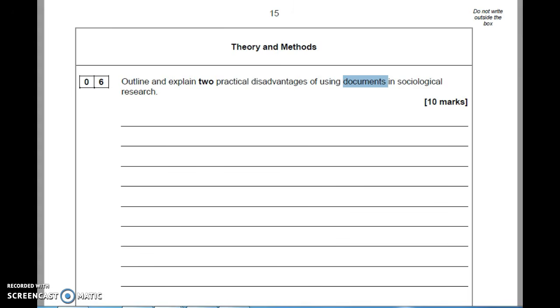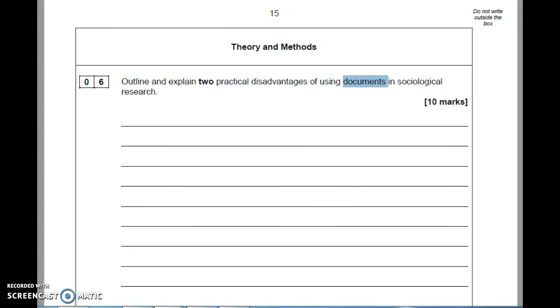And also, linking onto that time consuming, going deeper into it, you could say, even if you did get access to the document that could have been in a private collection, the analysis of the document, such as a diary, because it's qualitative data, could also be time consuming, which then could lead to a small sample size, which again means that you are not getting data that is representative of the population as a whole, because it's a small sample.